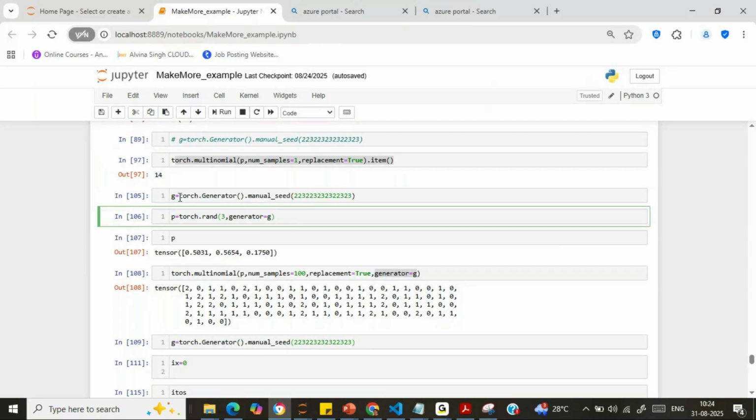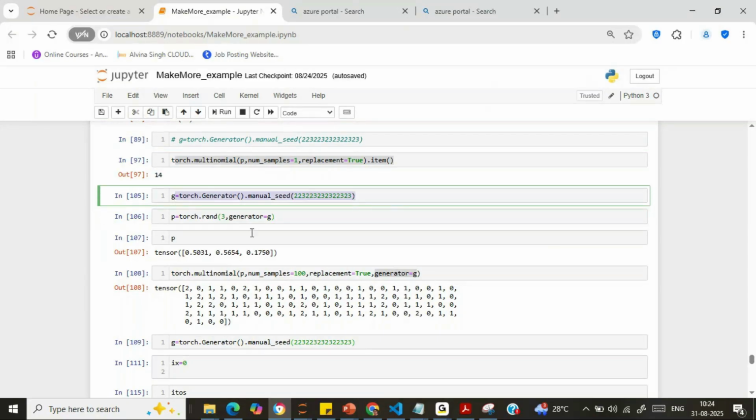That is perfectly fine, but we want to fix the outcome, so that for a given input, the output will not be changed. For a given input, the output must not be changed. So generator is a functionality, and we can provide a seed over here. With a particular seed, for a given input, the output will not be changed.